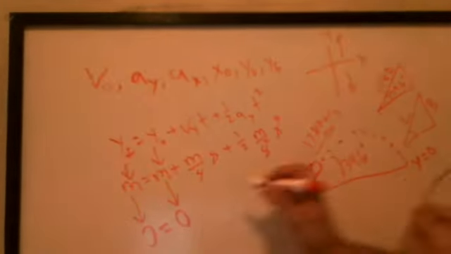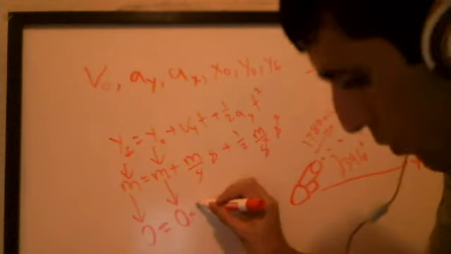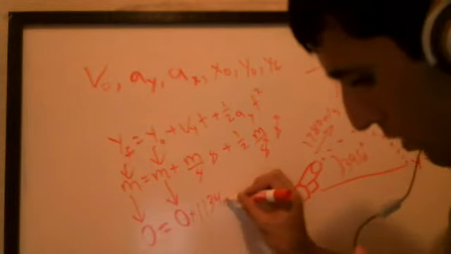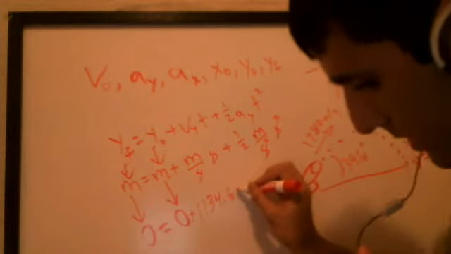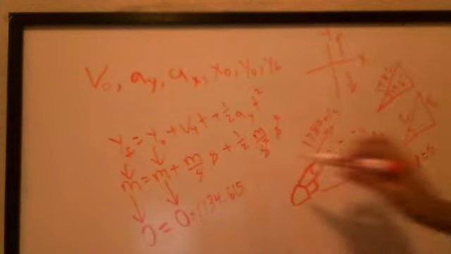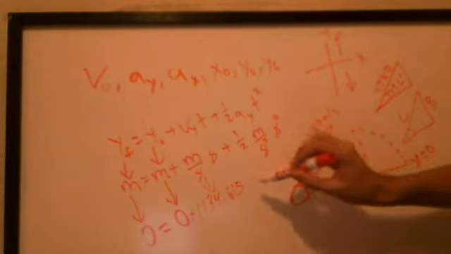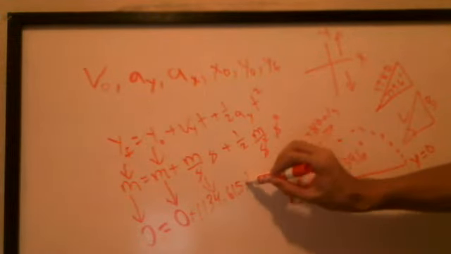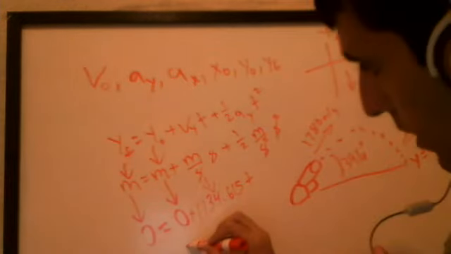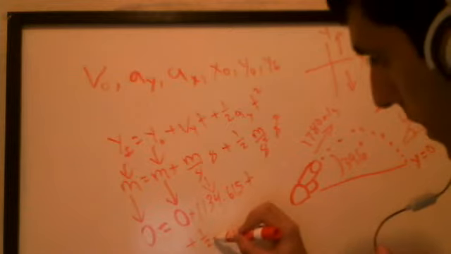You will get 1134.615 meters per second for the velocity, times time, which you don't know, plus 1/2 acceleration.